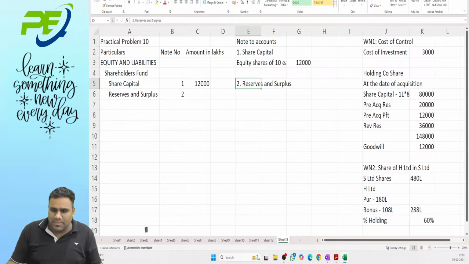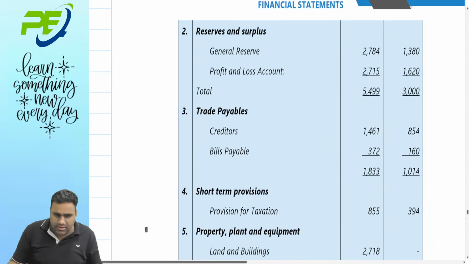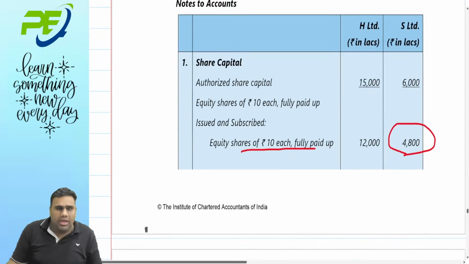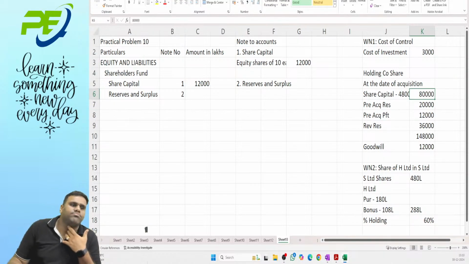Everyone, so share capital, now it is 4,800. 4,800 into 60%. Acquisition share capital will be different, after bonus.